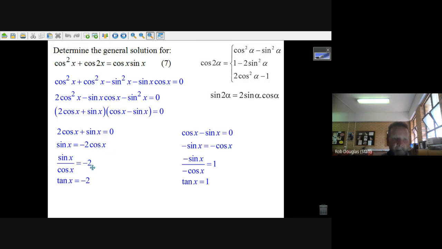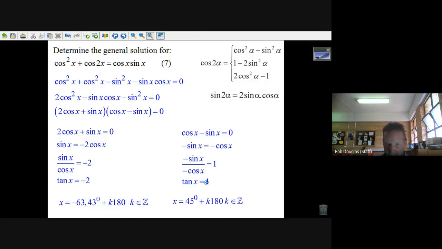But this time I divide by cos x. What do I get? Sine over cos equals the tangent of x. And it's a good trick, because I go shift tan of minus 2, and it tells me negative 63.43 plus k times 180. Here I divide by cos x and I get tan x equals 1.